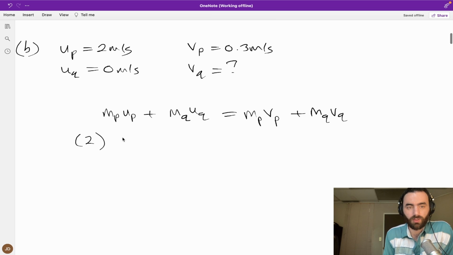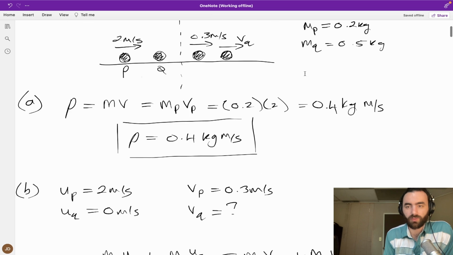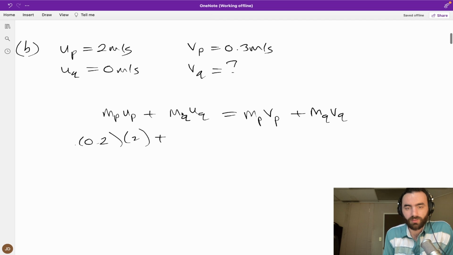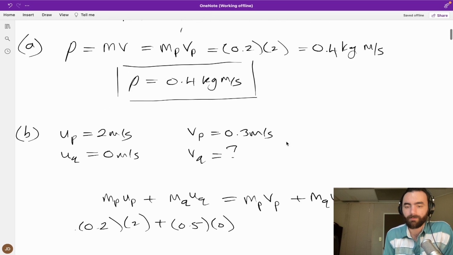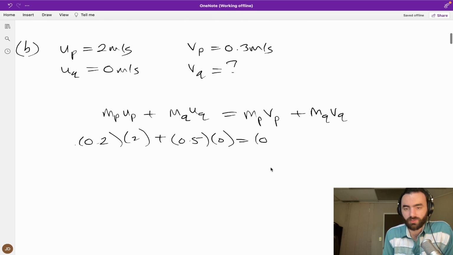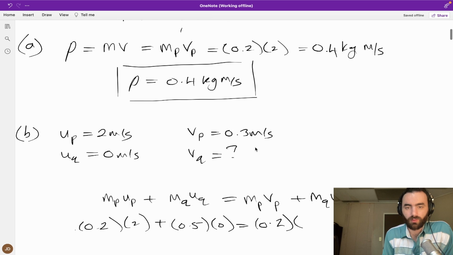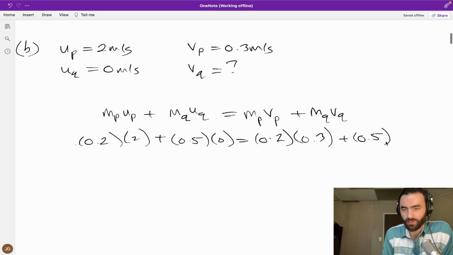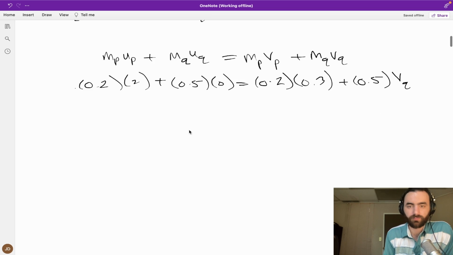We get the mass of P, which is 0.2, multiplied by 2, which we already found, plus the mass of Q, 0.5, times 0, which is 0, equals the mass of P, 0.2, times VP after, which was 0.3, plus the mass of Q, 0.5, times VQ, which we're trying to find.